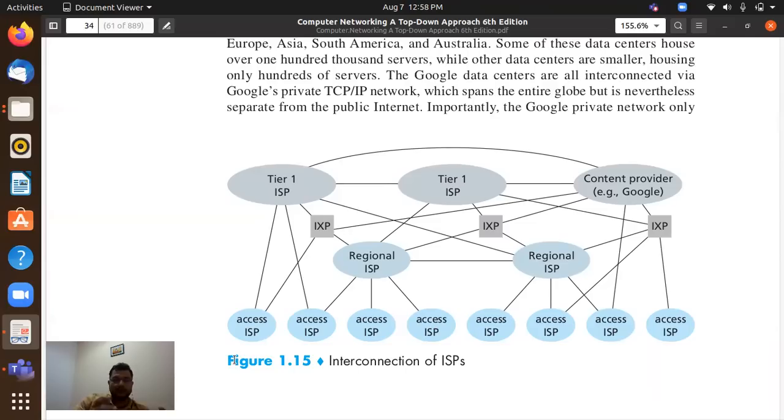So you are directly connected, as an individual or an institute maintaining a LAN, and you want access to the internet. That is the first engagement. You're connected through your edge router to the nearby access service provider whom you have subscribed to.